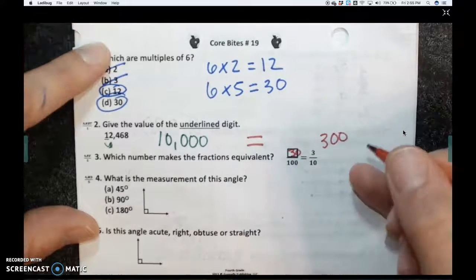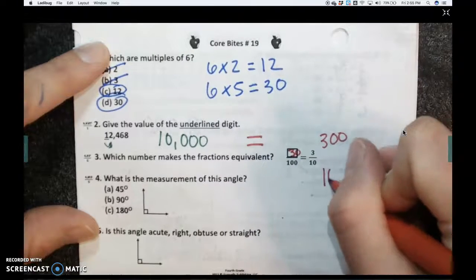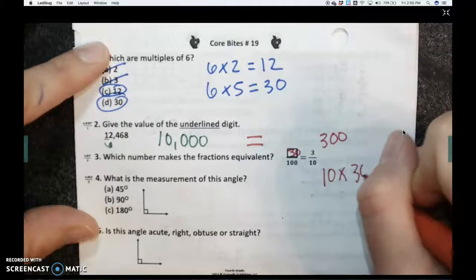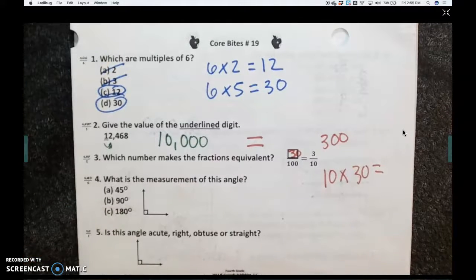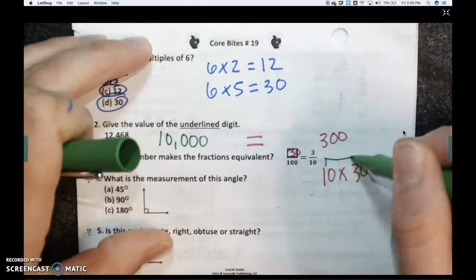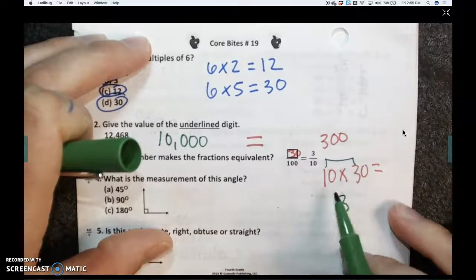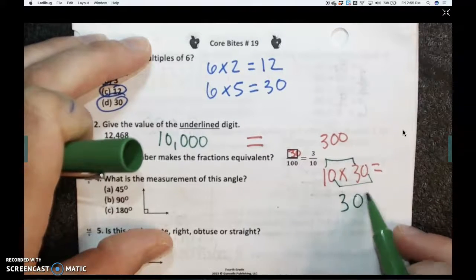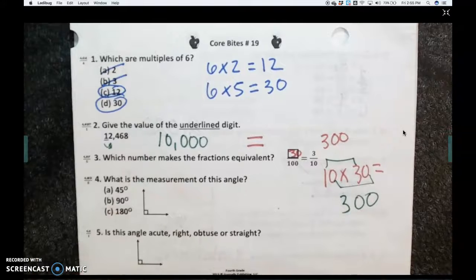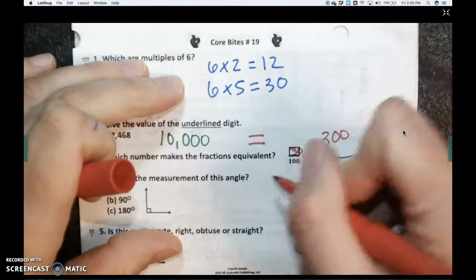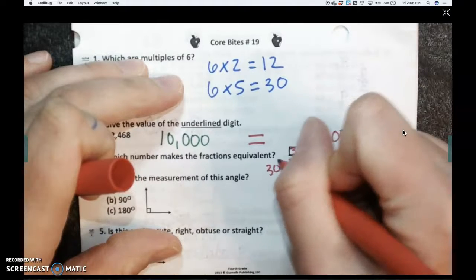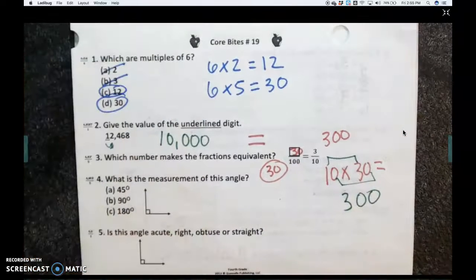And the way you know that, if you take 10 times 30, all you do is you multiply the two numbers, 1 times 3, which gives you 3, and then add your 2 zeros, and you'd get 300. So that's just a quick little way to figure that out. So your answer, though, is 30. The 30 is the missing number.